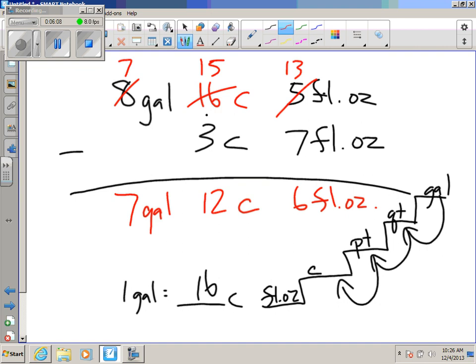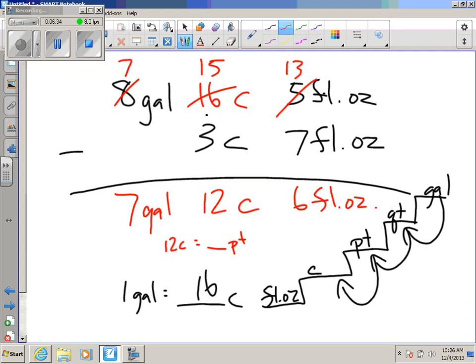Now, what I'm saying is this. 12 cups can be condensed into a, well, they're not going to quite make a gallon. But if I want to say, what's the next one up? How many pints is that? Because there's 2 cups in a pint, right?